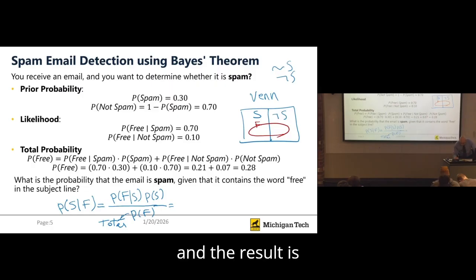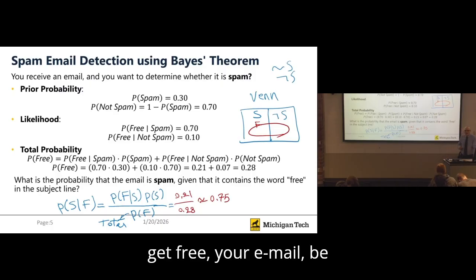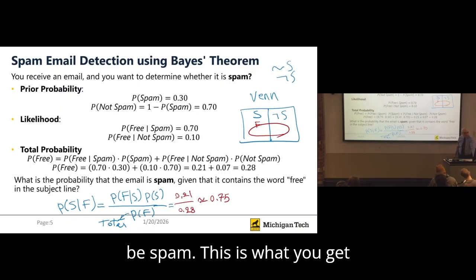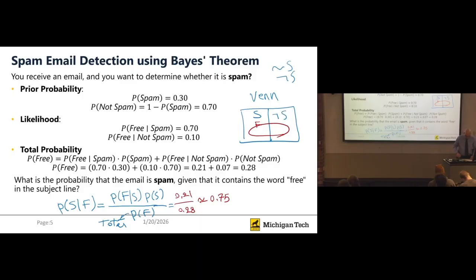And the result is 0.28, and this is 0.21. 75%, that's high. If you get free in your email, be careful: at 75%, it might be spam. This is what you get from all of these examples. Okay. Any question?